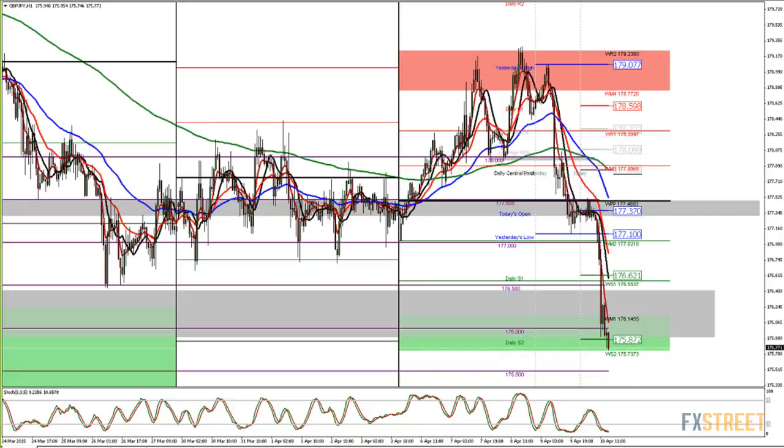Still no good news out of the Bank of England, right? So we're really disappointed on that. The next thing that could possibly support the British pound would be April 16th, when the World Economic Report comes out by the IMF.